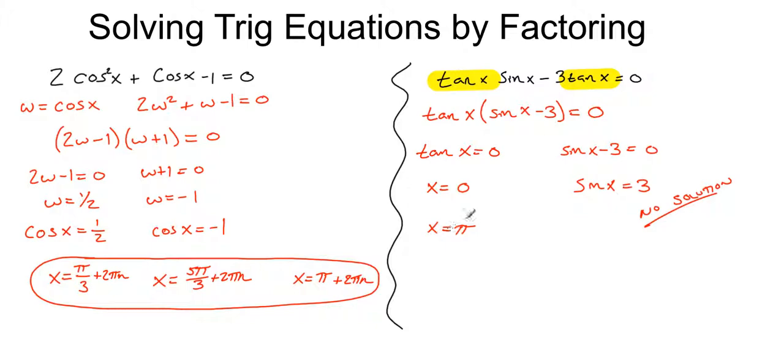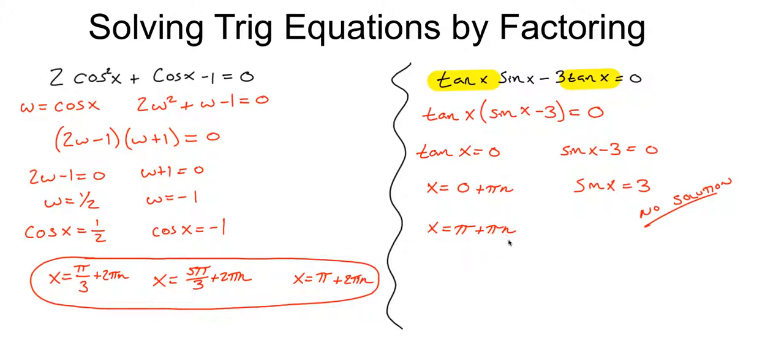Over here, if we were only looking for values between 0 and 2 pi, then this would be it. But because we did not restrict our possible answers here, we're going to have to say plus pi n and plus pi n. We use pi rather than 2 pi because the period for the tangent is just pi.